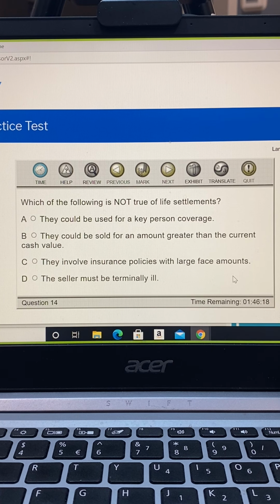So if the insurance company says, I'll settle with you, meaning they're going to pay off the claim, they're going to pay the beneficiary the death benefit. So they could be used for a key person coverage. Yeah, I guess so. They could be sold for an amount greater than the current cash value.